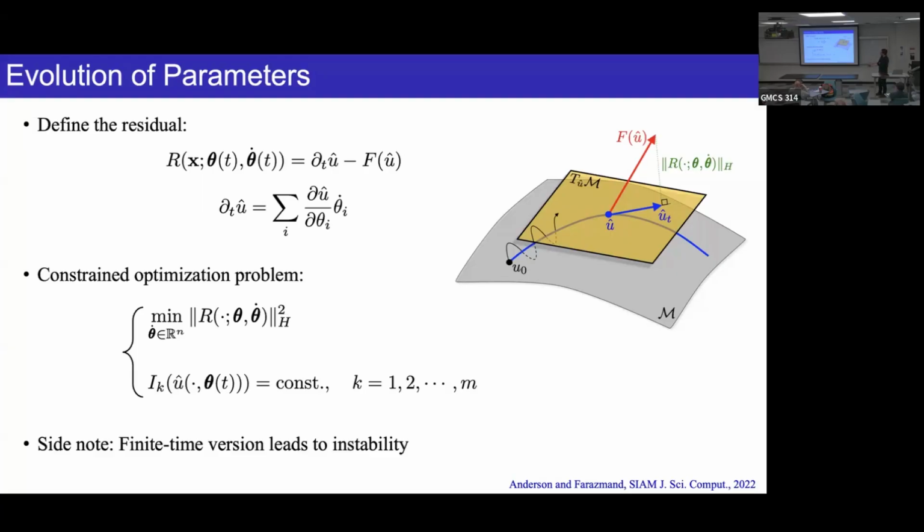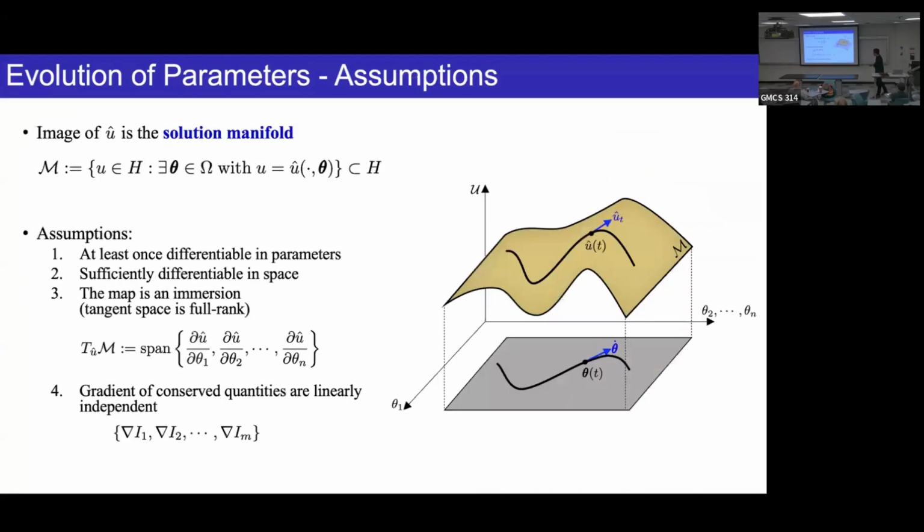Unfortunately, it turns out that at least on some simple cases that we worked out, this leads to unstable equations for theta. I won't go into details of this, but if you're interested, in the appendix of this paper, we spell out how things can go wrong with the finite time optimization. We stick with this instantaneous type of constrained optimization.